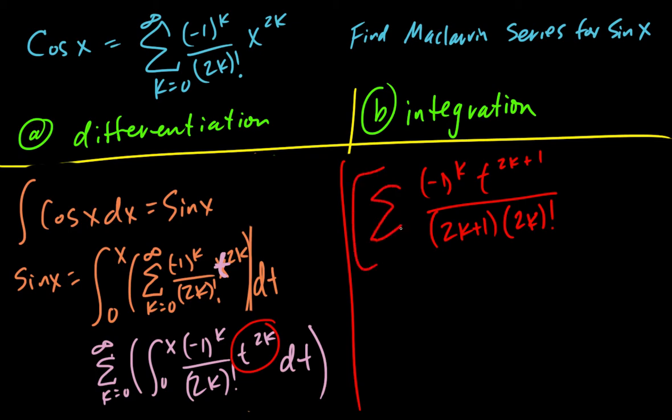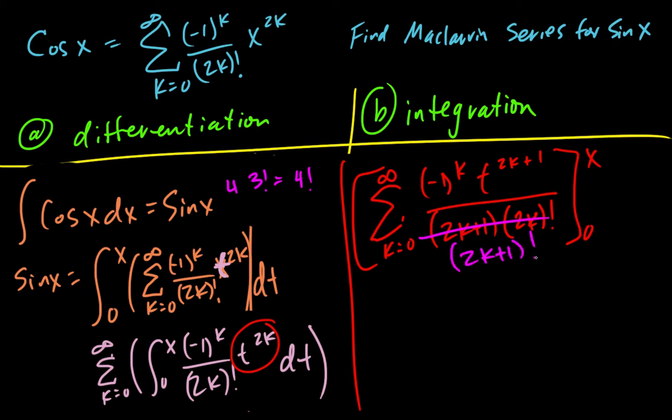And then we still have that same summation. Now, on this part, if we have 2k factorial and then one more, so like if we had 3 factorial and then 4, that's just going to be 4 factorial. And so the bottom is just going to become 2k plus 1 factorial.